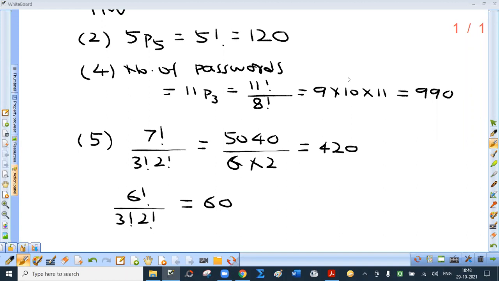A number greater than a million, that is 10 lakh, will contain all the 7 digits.